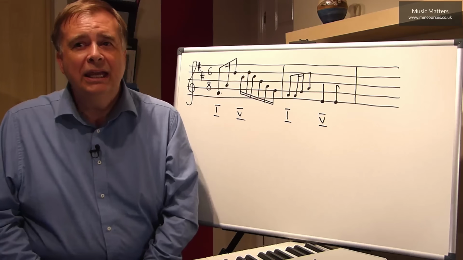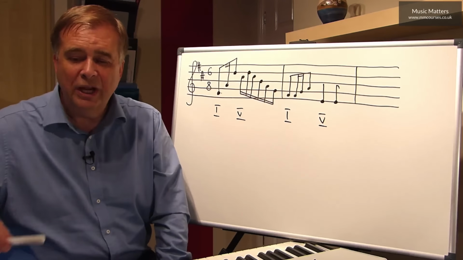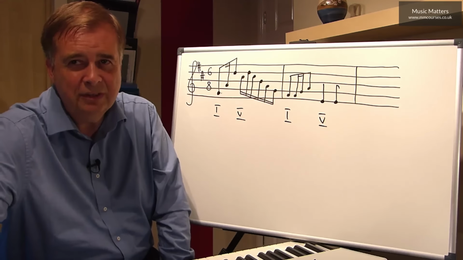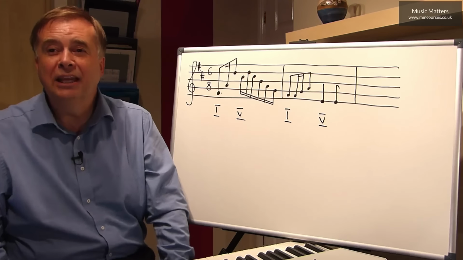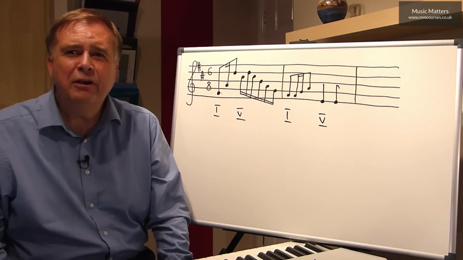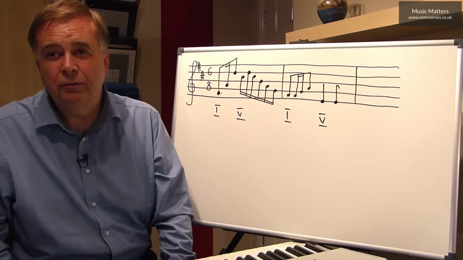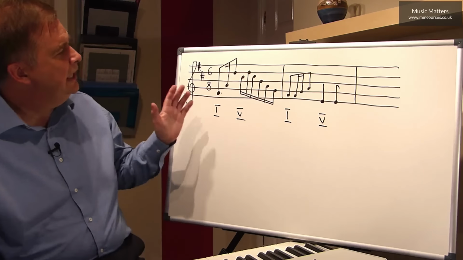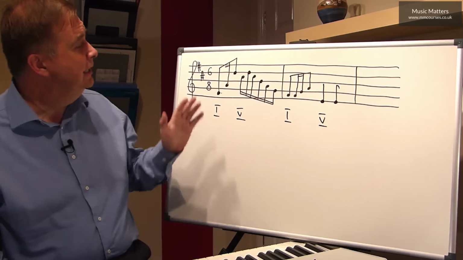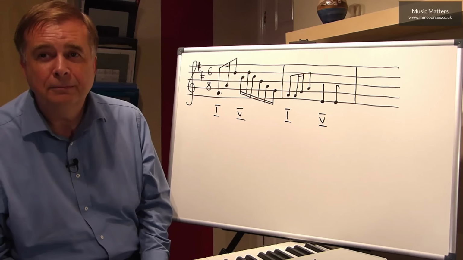Now, before you get stuck into writing the notes that belong to whatever chord scheme and cadence scheme you've come up with, it's a very good idea to analyse the given material before you begin. What are the ingredients, if you like, that we've been presented with?